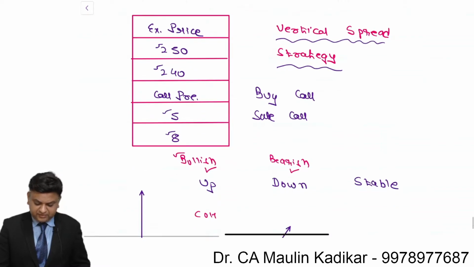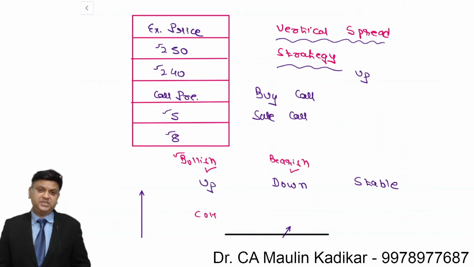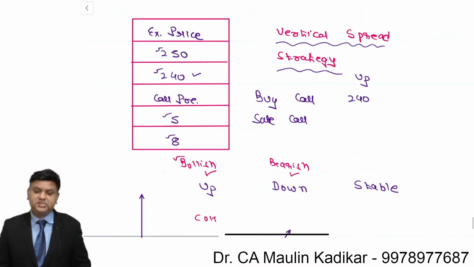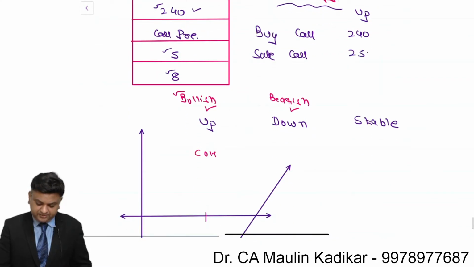Further, if you are expecting the price of the security is likely to go up, then you will purchase the call option which has comparatively more chances of exercisation, that is the option which has lower exercise price, that is 240, and you will sell the call option which has comparatively higher exercise price 250.